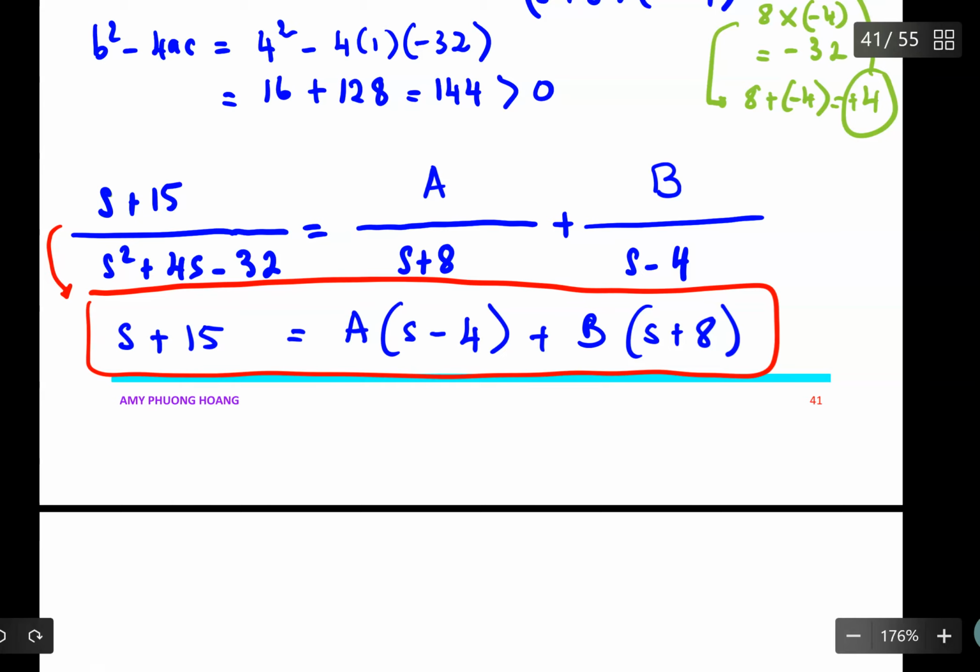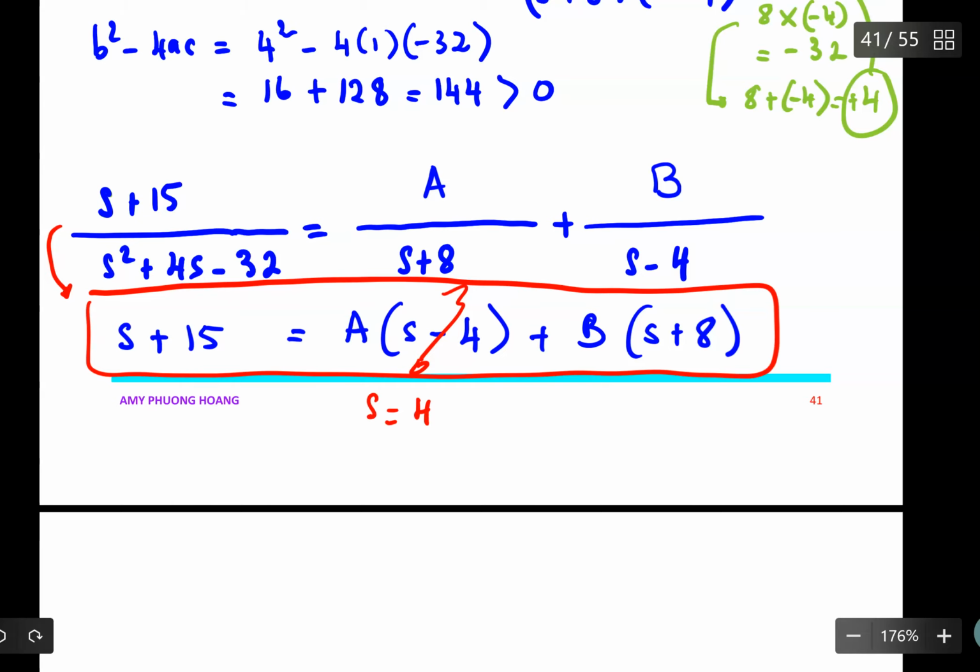Okay, so at this point I would like you to take a look at A multiplied by s minus 4 plus B multiplied by s plus 8. In order for us to solve for A and B, we are going to use the concept of arbitrary root. I'm going to choose s equal to 4.